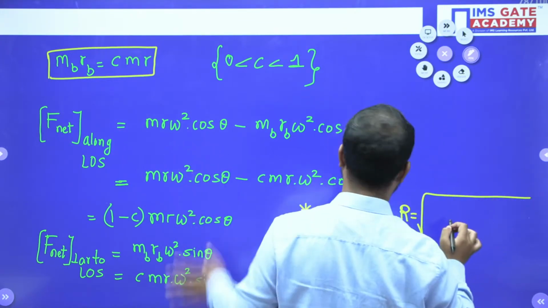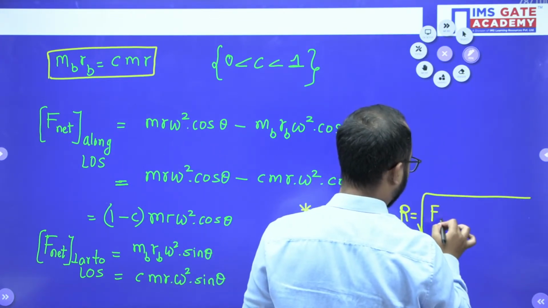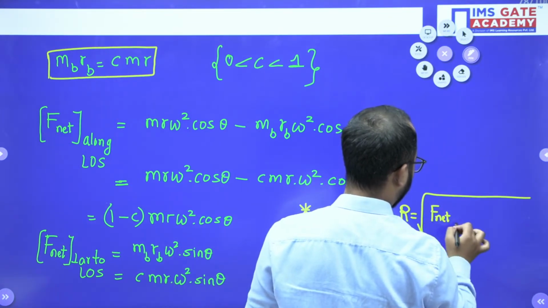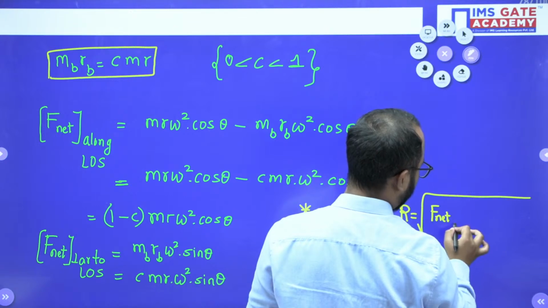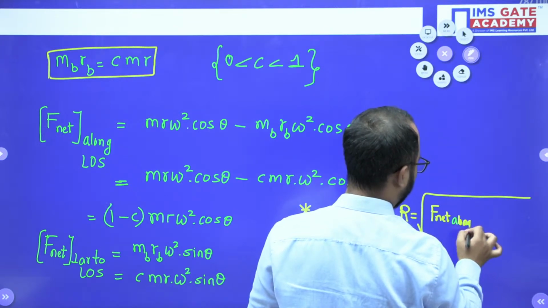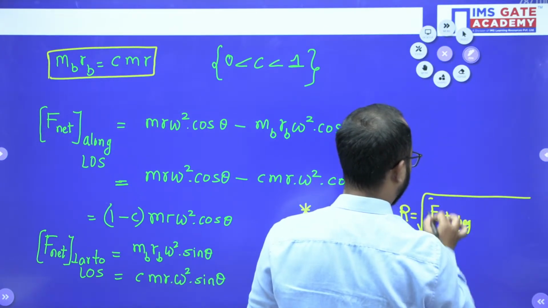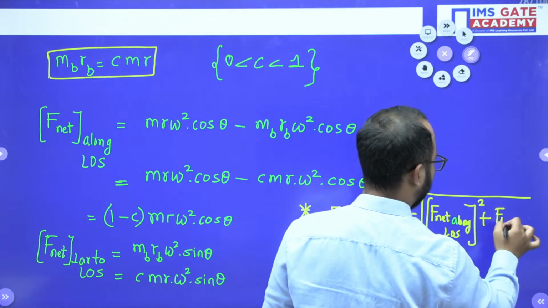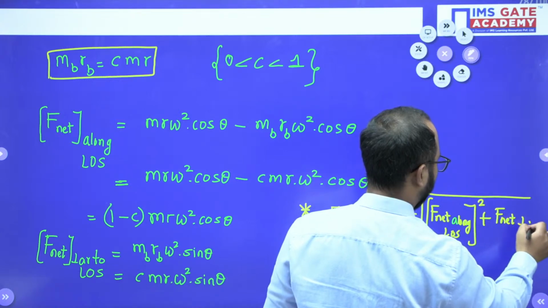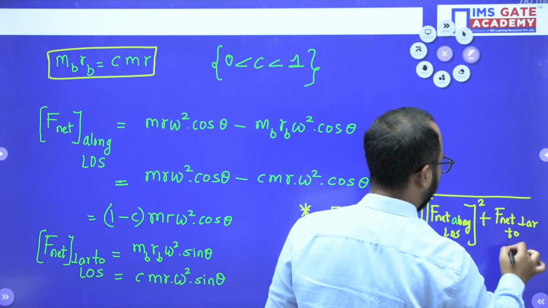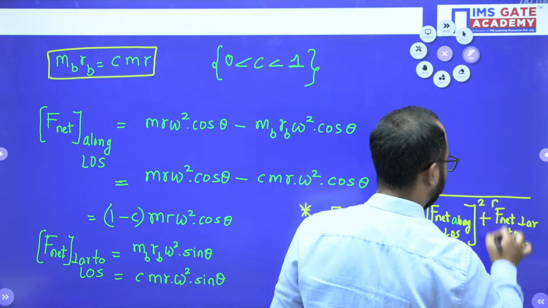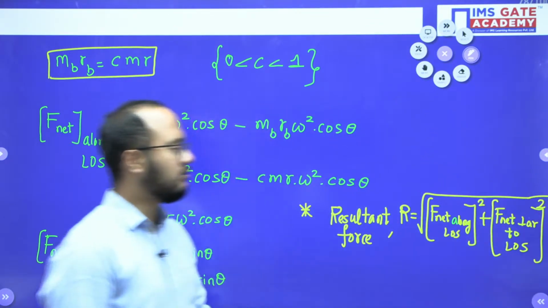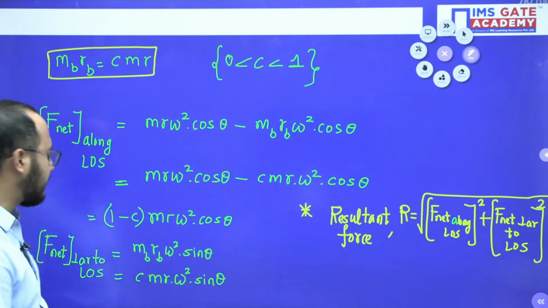Take the square of the net force along the line of stroke, plus the square of the net force perpendicular to LOS. Right, everyone? So that will be the resultant force. I hope this is clear.